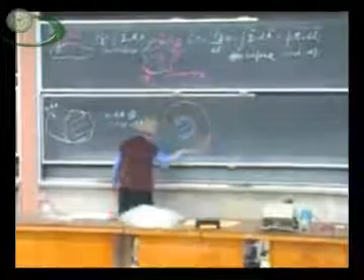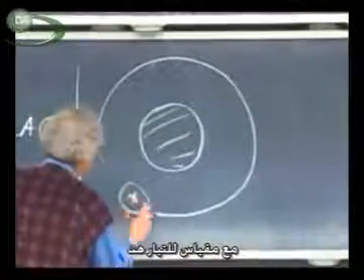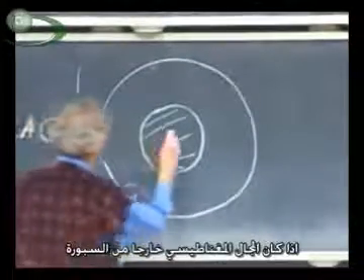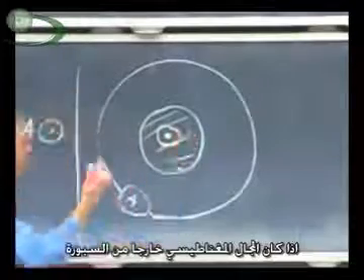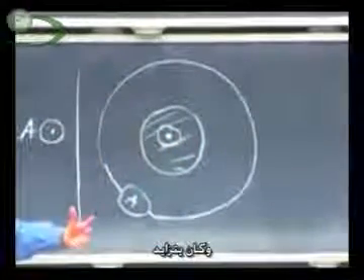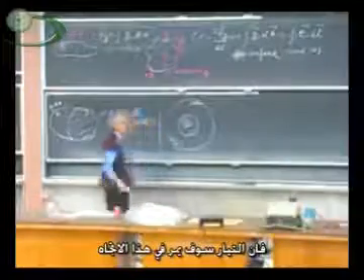And now we're going to put a wire around it with an ammeter in there. If the magnetic field comes out of the board and is growing, is increasing, the current will flow in this direction. Lenz's law. If it is decreasing, the current will go in the opposite direction.